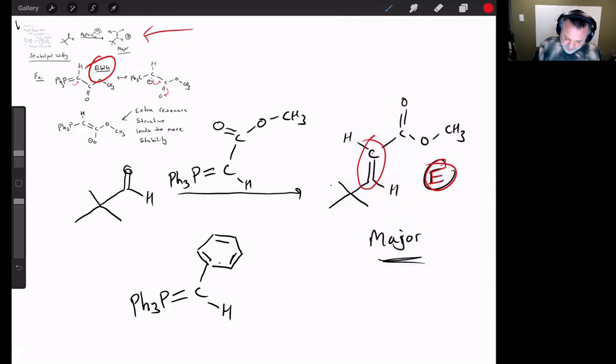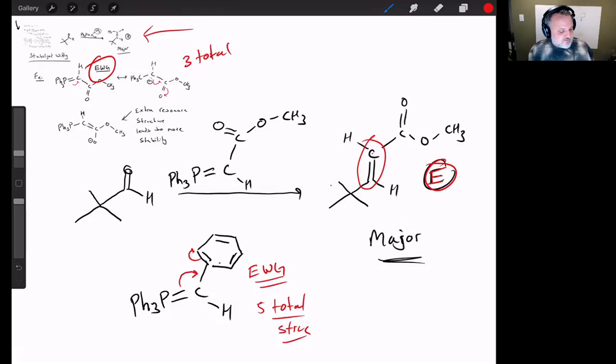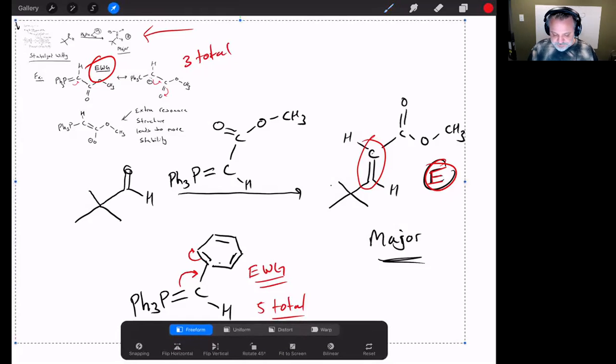The short of it is that the electrons can be delocalized, and I'm going to show you this hop that I don't usually show you all the way throughout the benzene ring, and there's lots of different resonance structures that can be shown for that one. So this one is also an electron withdrawing group. This one had 3 total structures. I think this one ends up with something like 5 total structures. But at the same time, it's an electron withdrawing group in the same way.